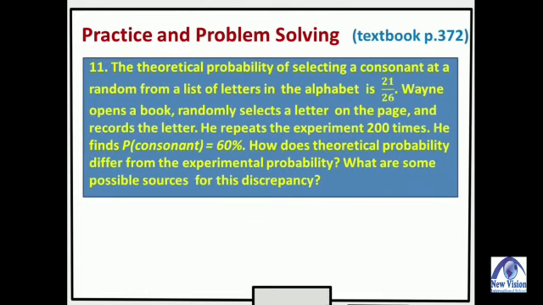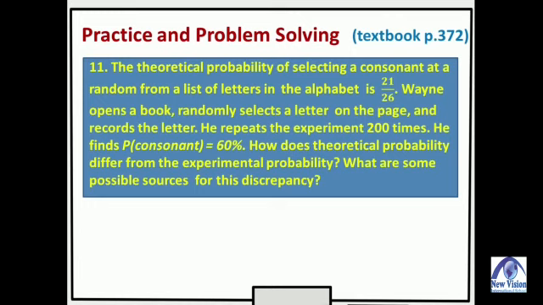Number 11. The theoretical probability of selecting a consonant at random from the letters in the alphabet is 21/26. Wayne opens a book, randomly selects a letter on the page, and records the letter.